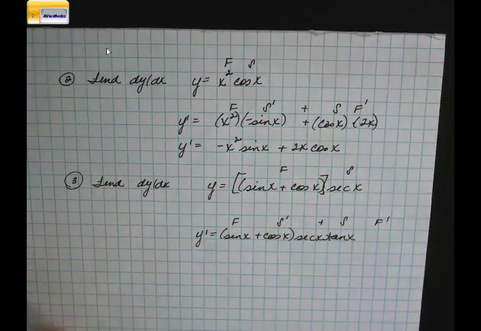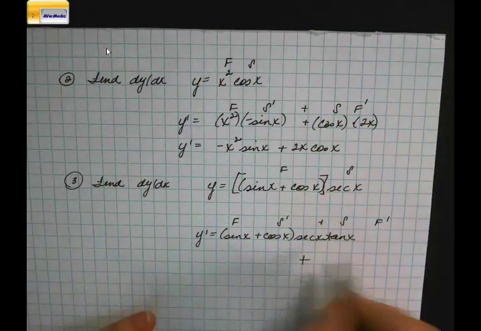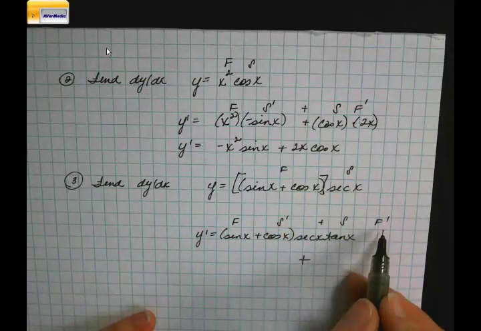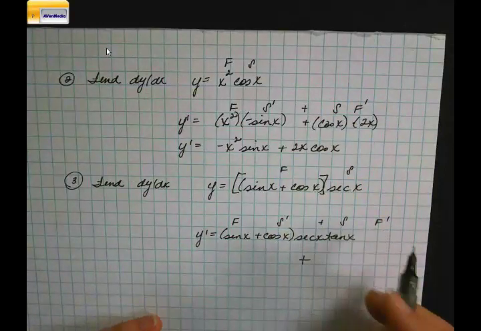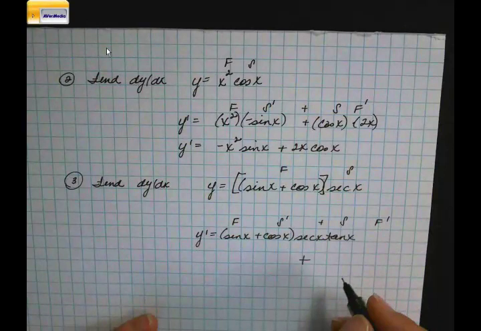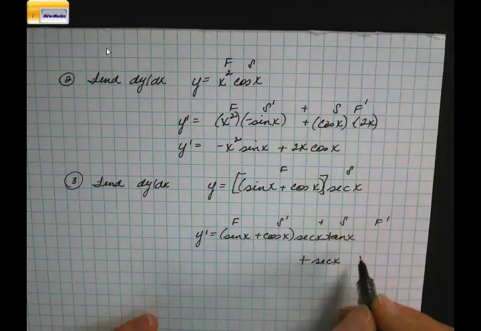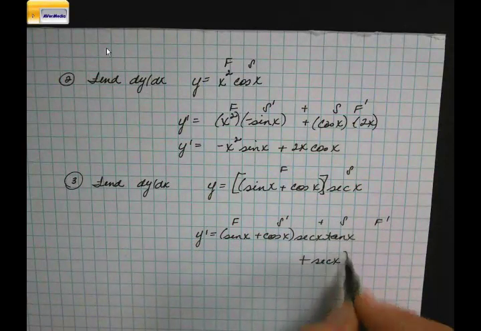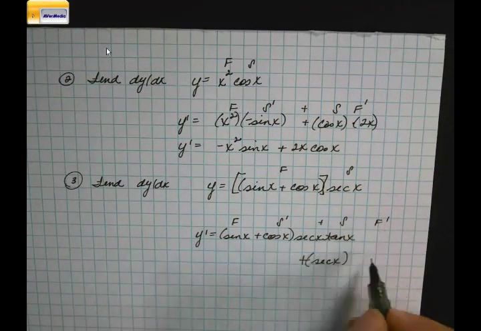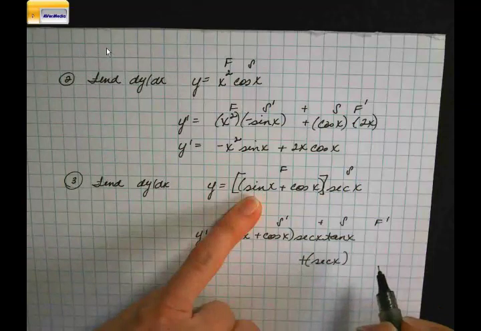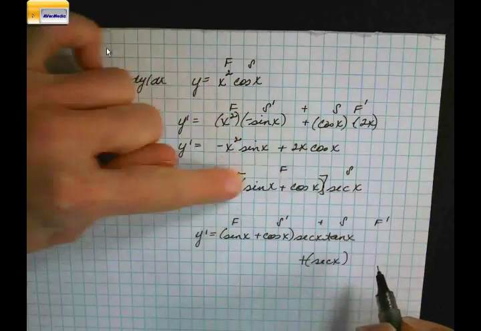I did not give myself enough room. Plus, I'll just come down. The second times the derivative of the first. Well, the second is just secant x, just write it down. And the derivative of the first, I guess I'll put this in parentheses, is the derivative of sine x plus cosine x.